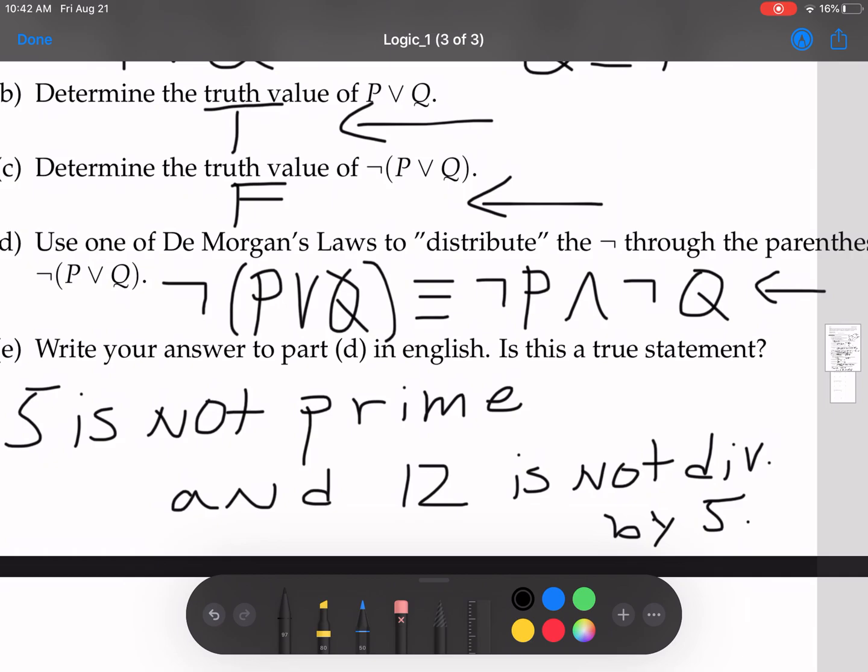So if P or Q, right here, is true, then its negation must be false. Well, what does it mean to say that's false? We can use De Morgan's laws to get a better understanding of that symbolically, and then we can transfer that symbology into a sentence. And now we can see that, yes, in fact, that is not true.